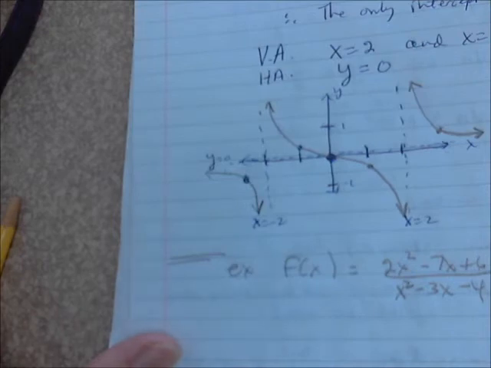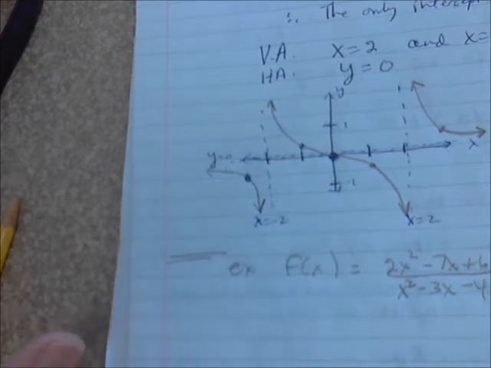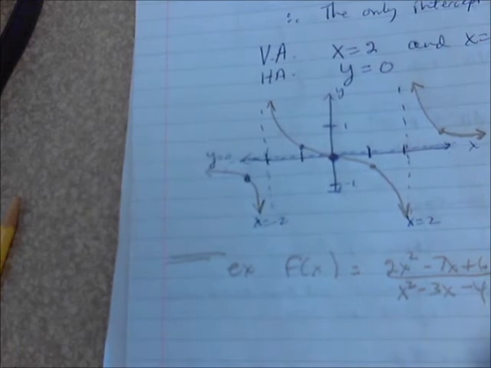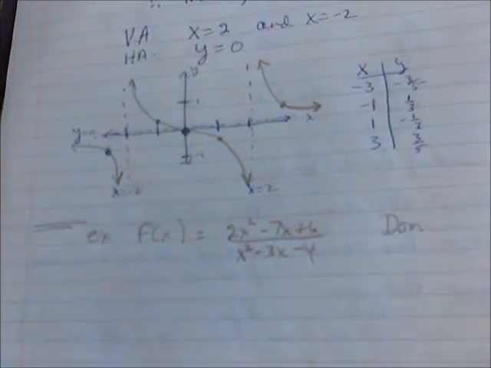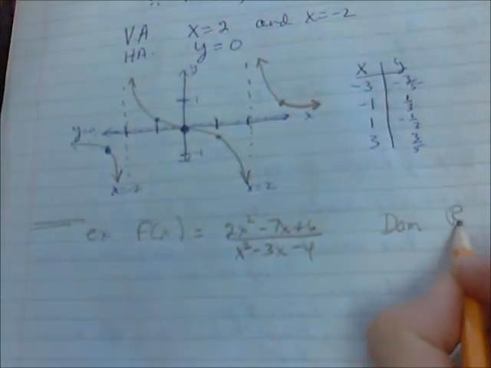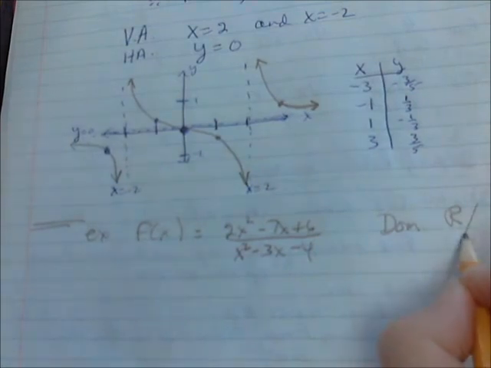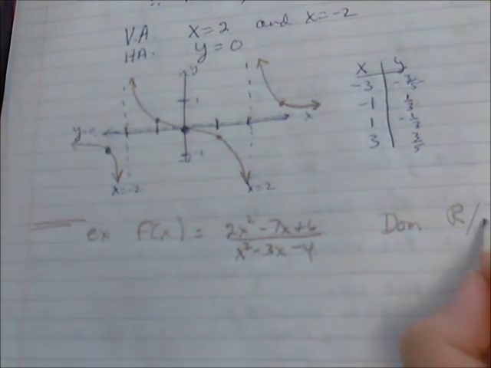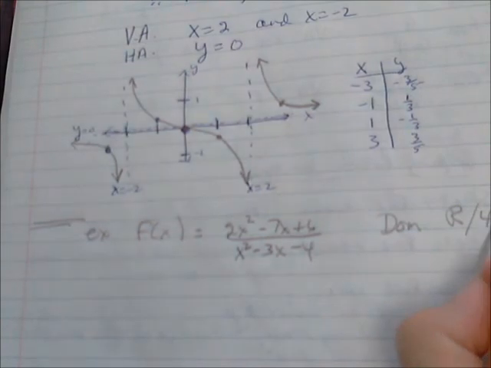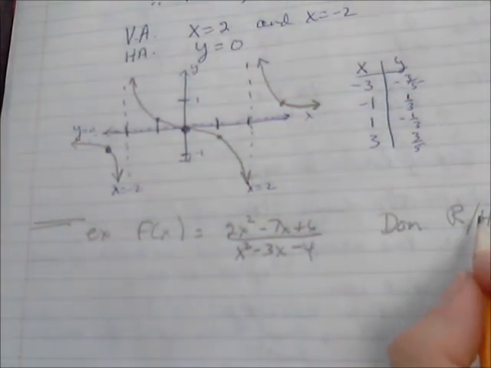So what you're going to do is you're going to set the domain. The domain is all real numbers except for what makes that denominator equal to 0, which is x equals 4 and x equals -1.